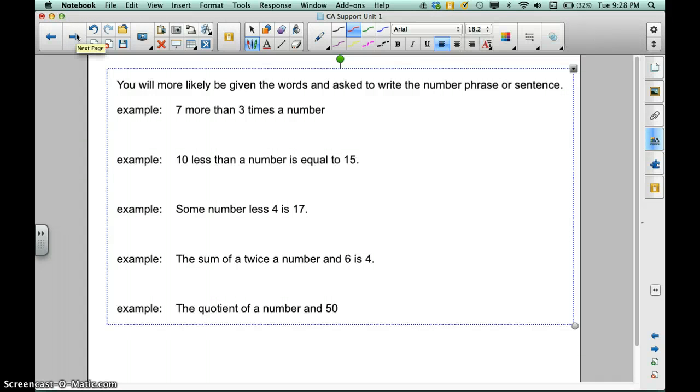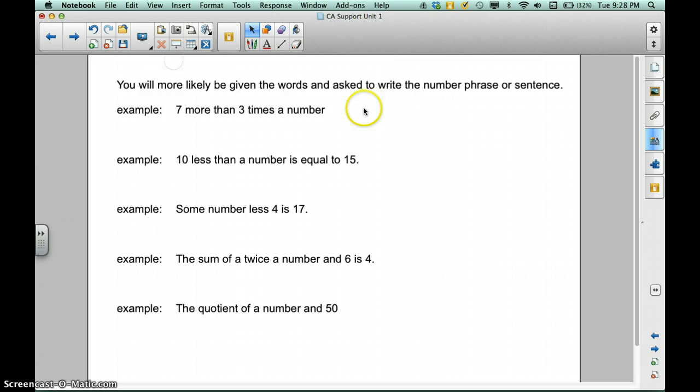You'll be more likely to be given the words and then asked to write the number phrase or the sentence. Now you have to be careful. Sometimes it's just a phrase, and sometimes it's a number sentence that includes an equal sign. So there are certain things you're going to look for.